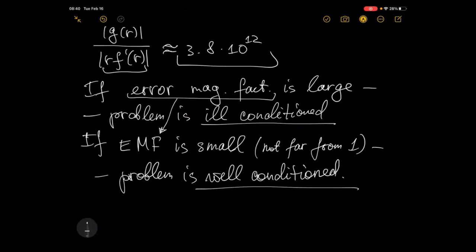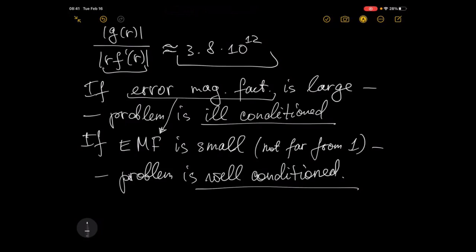So for example, you know that the error of your measurements, which provides you input data, like initial data for your problem, is, let's say, 10 to the minus 3.